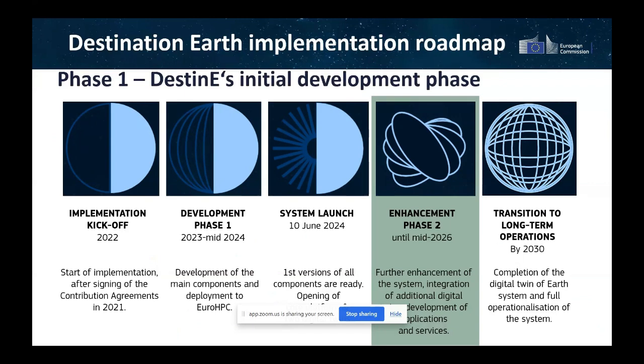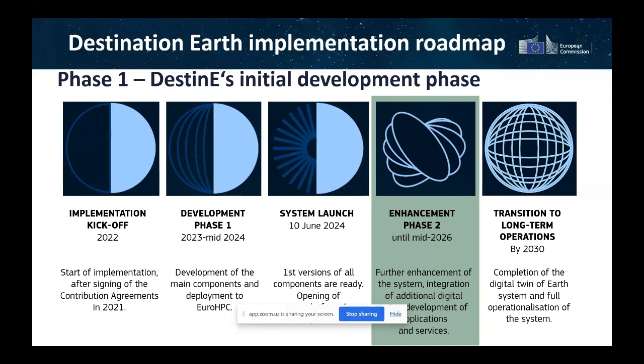And then there will be phase 3. But the idea is to go to operations, that is, to have something like Copernicus. We are discussing a lot with our colleagues, of course. It will be operational and can deliver added value to the users, to all Europeans and beyond.